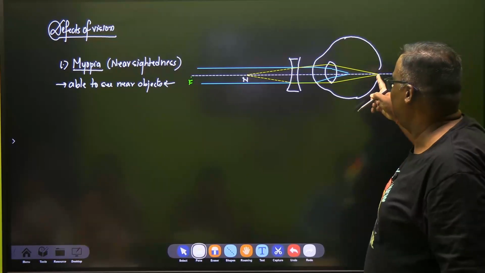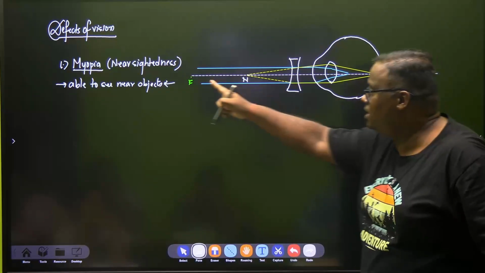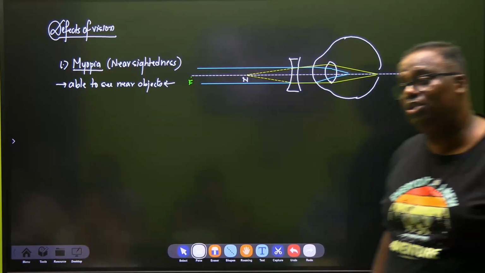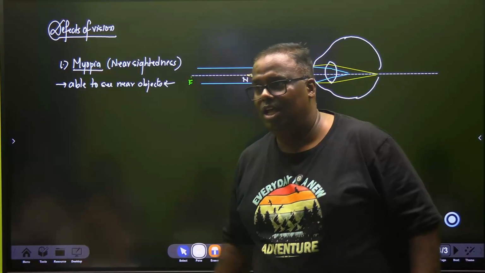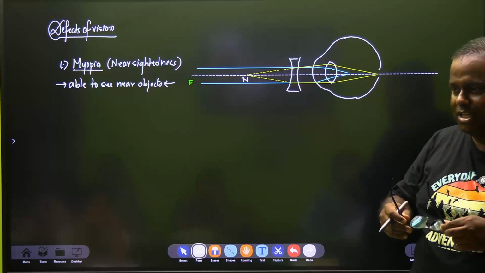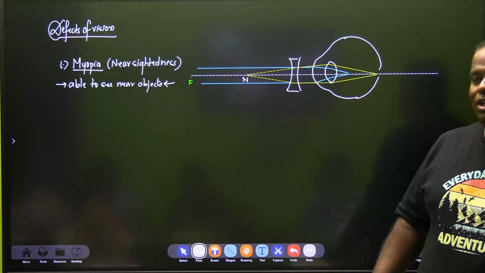The image that you are actually seeing on your retina, for this image, this object has come at your near point. And since you are using a concave lens, everything is small for you. Just take out your specs and put it on your writing, and you see the size of the writing is smaller than the actual thing.